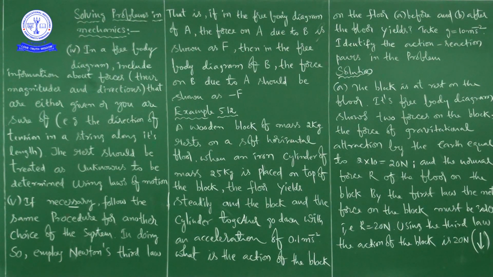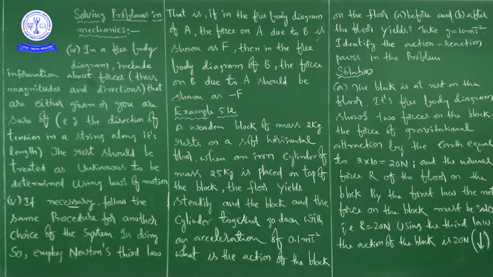See here. In a free body diagram, include information about forces, their magnitudes and directions, because force is a vector quantity which has both magnitude and direction, that are either given or you are sure of. For example, he mentioned in the bracket the direction of tension in a string along its length.